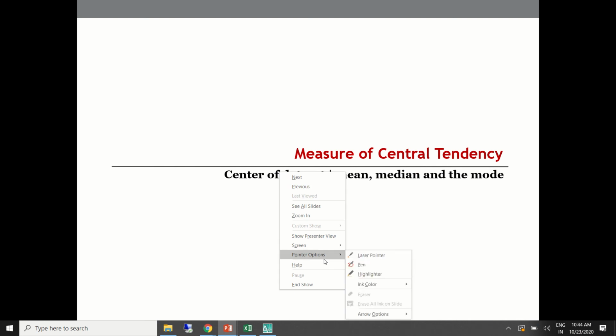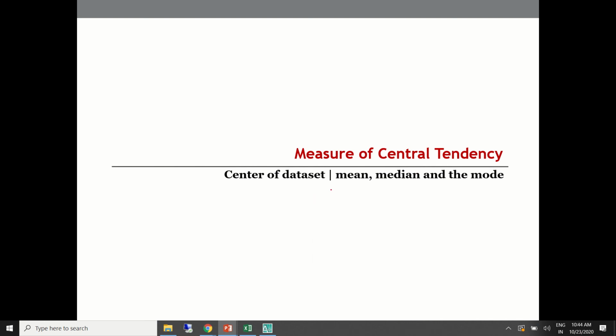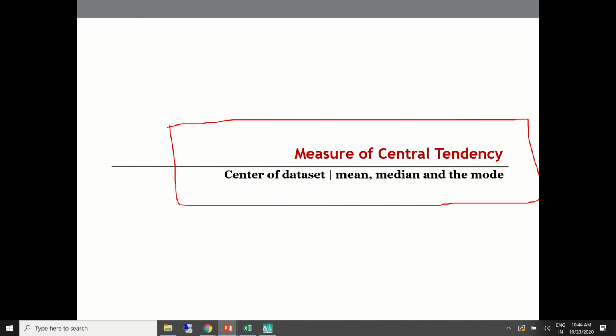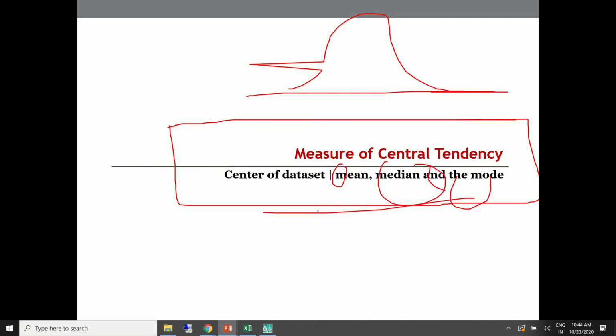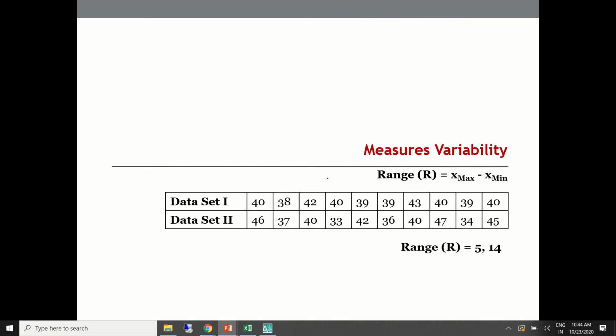So we were seeing this mean, median, mode discussion. We said how the spread of data in a data set can be understood using mean, median and mode. These are very simple statistical techniques for understanding the spread of data.